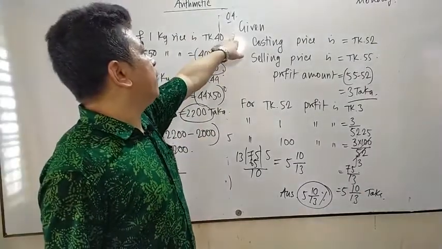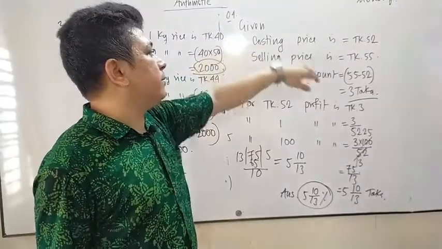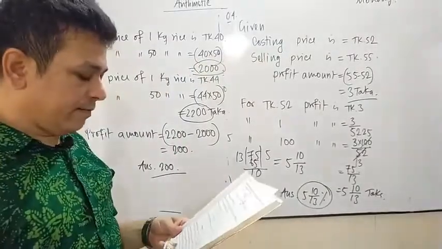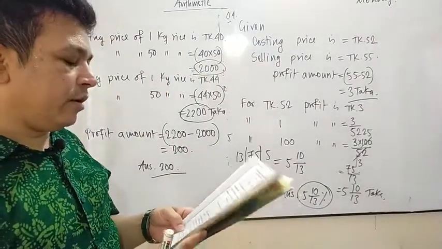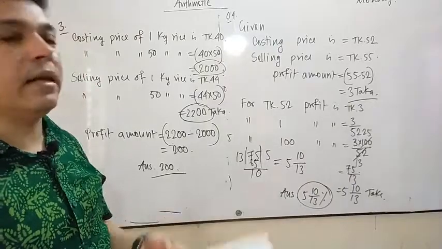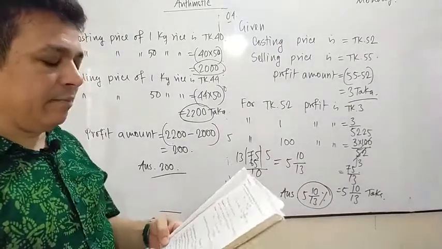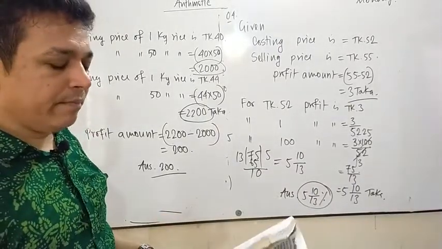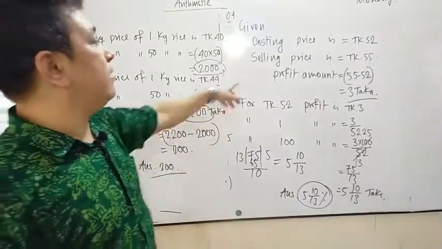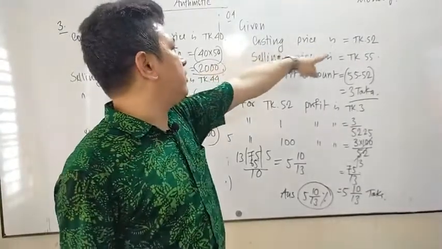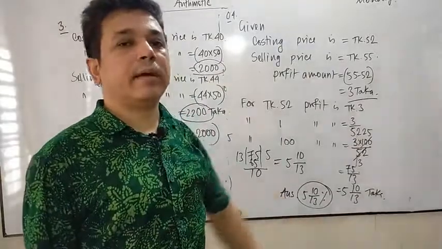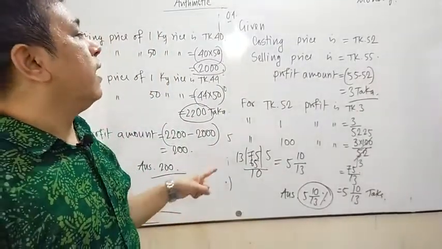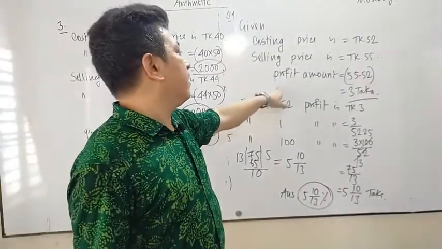Number 4: the buying price of milk is 52 taka and the selling price is 55 taka, so per liter he made a profit of 3 taka. How do we get it?